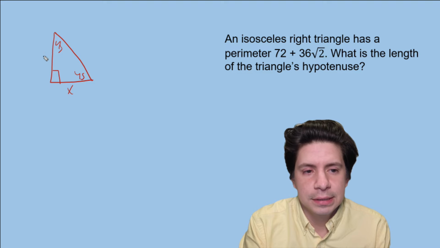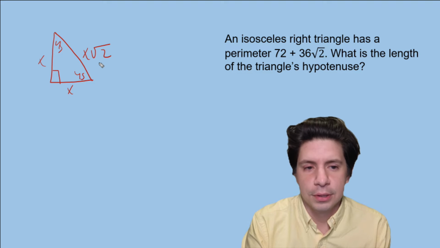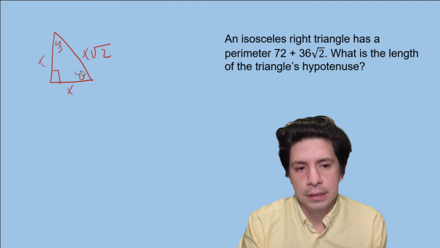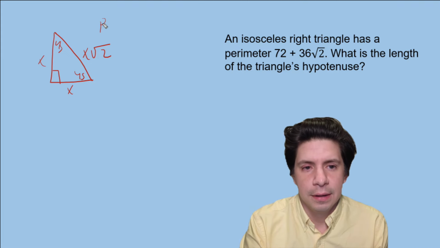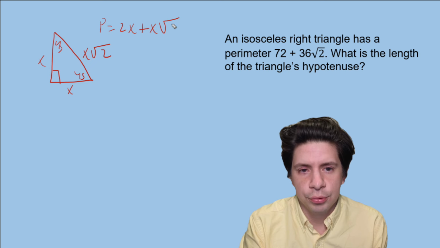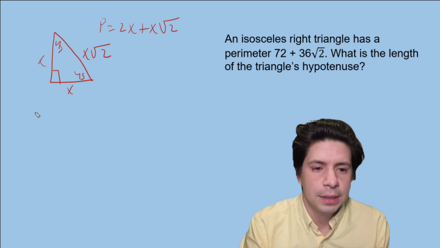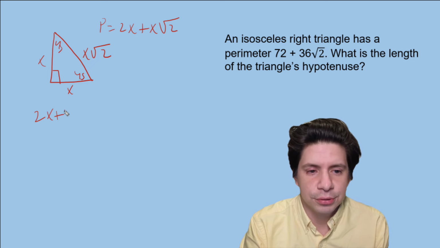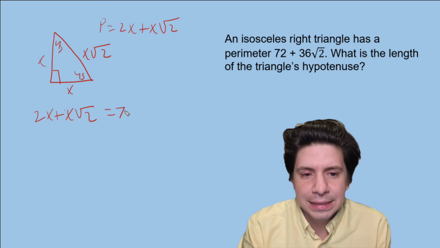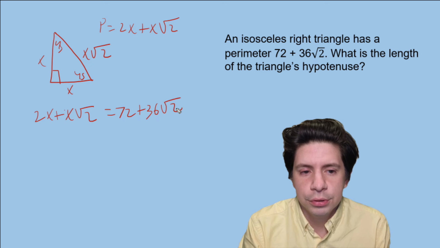And it's x, x, x root 2. So in this case, the perimeter would be 2x plus x root 2. So it's going to be 2x plus x root 2 equals 72 plus 36 root 2.